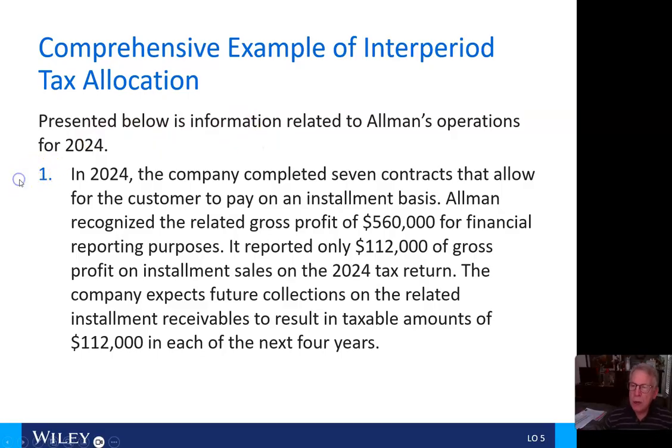Number one, in 2024, the company completed 7 contracts that allow for customers to pay on an installment basis. Allman recognized the related gross profit of $560,000, 7 times 80,000, for financial reporting purposes. It reported only $112,000 of gross profit on an installment basis on the 2024 tax return.